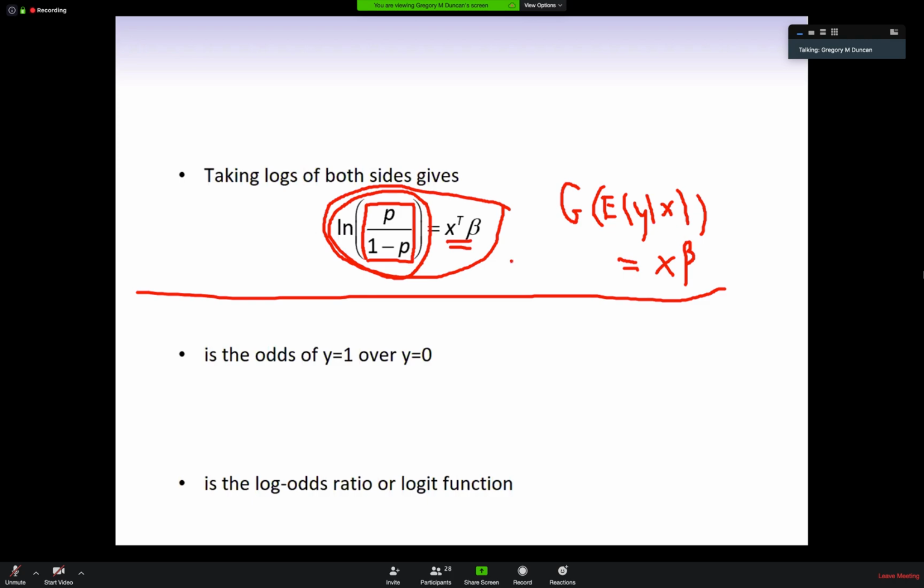And this is the first of your generalized linear models that you're going to see. Most of the models that we're going to deal with that are parametric are going to be generalized linear models. That is, some transformation of the expected value of y given x is going to be a linear function of x beta.